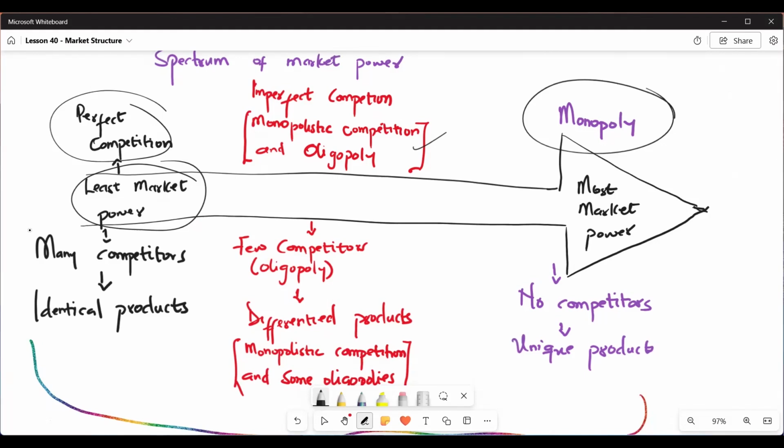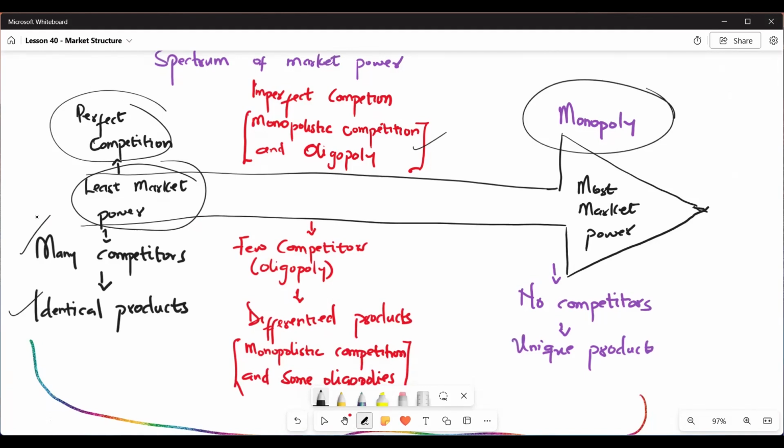So this means that there are many competitors and then they sell identical products. This gives them very little market power because if you increase the price of your good above the competitive level, people will just simply go to the next person down the road and buy exactly the same good. So you cannot influence the market because you are selling an identical good to your thousands of competitors.